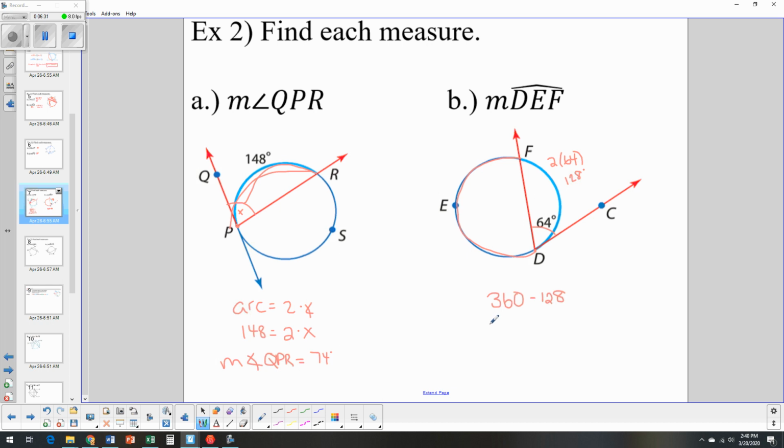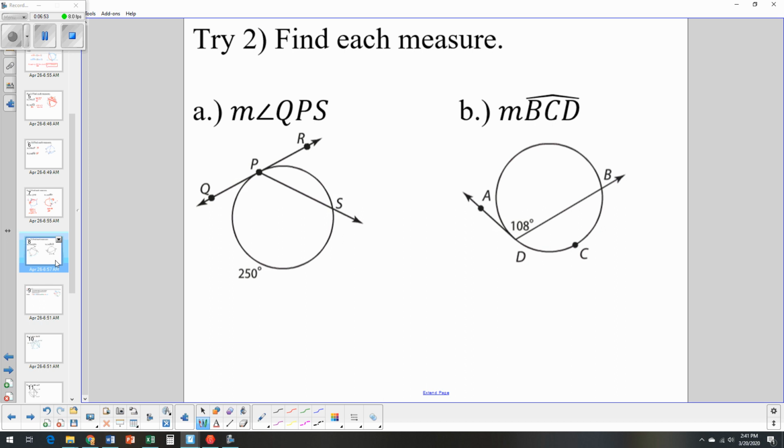That leaves me with arc DEF equaling 232 degrees. Notice here, it's the measure of the arc as opposed to the length. Arc length is something totally different when we're talking about inches or centimeters. As soon as we see the M, it means degrees. So go ahead and pause, give these 2 a try, and when you're ready, check your answers.